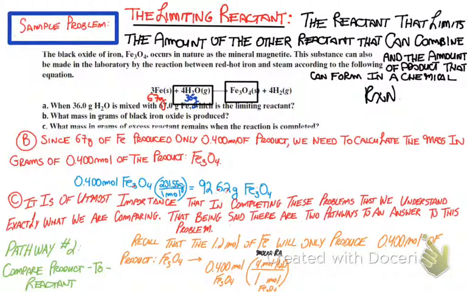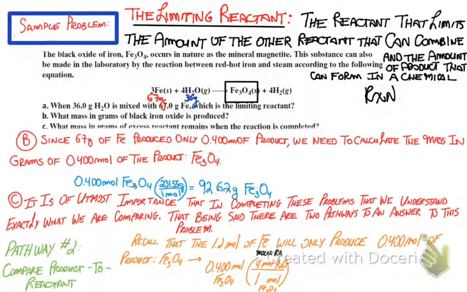So if we start with 0.4 moles of Fe3O4, which is the most we can produce because that's driven by the limiting reactant iron, we're trying to figure out how much is left in the reaction vessel. We multiply 0.4 times the molar ratio, 4:1. For every 4 moles of water, I produce 1 mole of the black oxide.